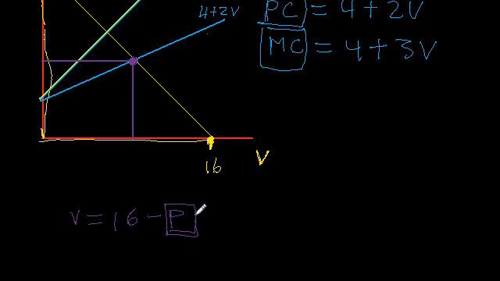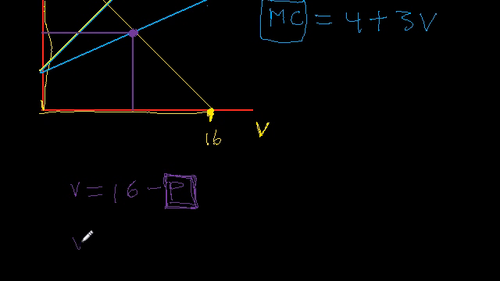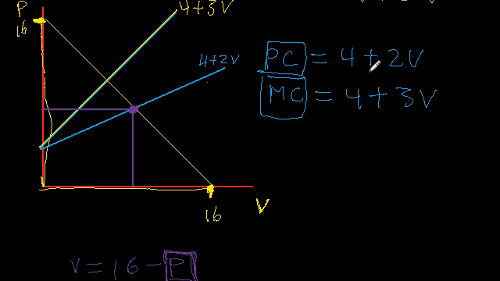So the cost of travel that each individual considers when he's not considering the cost he imposes on others. So what we'll do is we'll write V is equal to 16 minus, and for P we'll insert this term, which is the private cost.